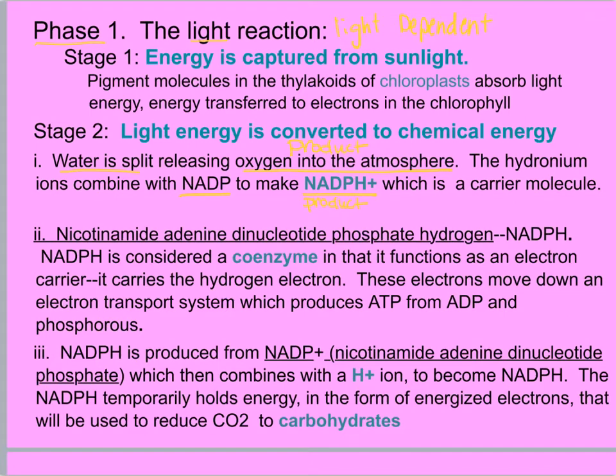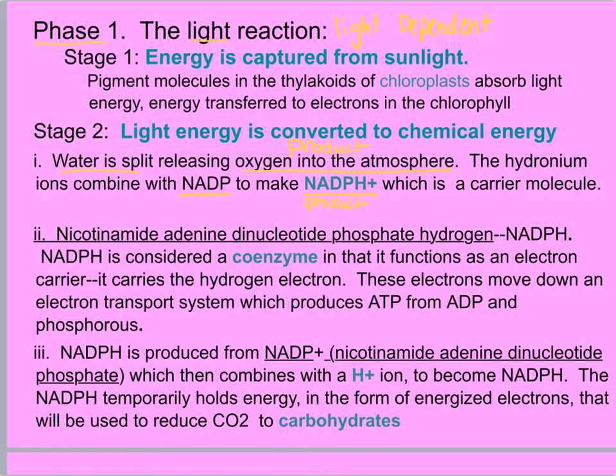Okay, NADPH stands for this really long word that I'm probably going to mess up. Yeah, there it is. I'm just not even going to try it, but there it is. Anyway, so NADPH is a coenzyme. So it is basically an electron carrier. So it carries that hydrogen electron.